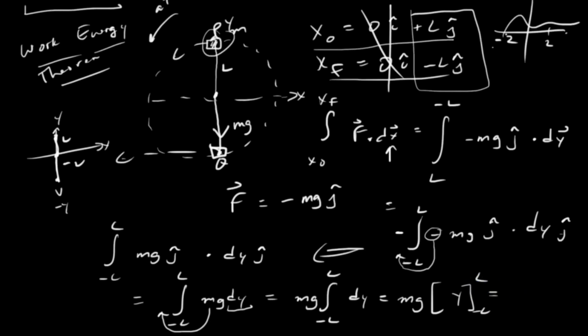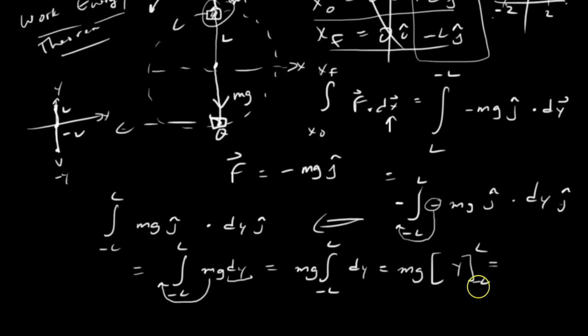Okay? So let me just drag down. To evaluate the integral, we plug in the top one, and then we plug in the lower one. So we have our mg again. Mg always stays. Let's plug in the top into y. So instead of y, we have L, and then we subtract the bottom one we plug in.